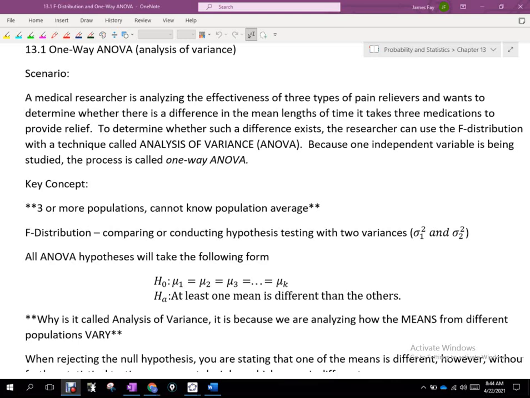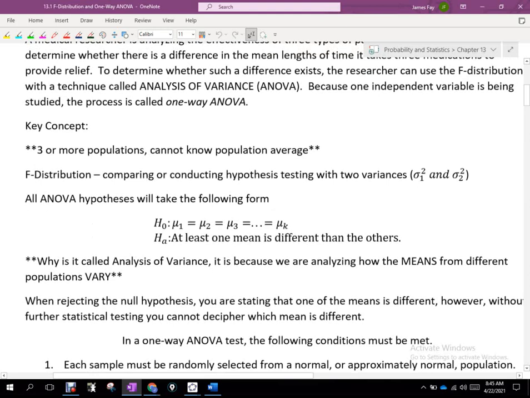It's going to be however many different population means you're looking at, and you're going to set them all equal to each other. Because we want to see, are they the same, or like the scenario says, is there a difference that exists? So the key concept is that we're going to have 3 or more populations. You're not going to know the population means. The F distribution is used for conducting hypothesis testing with 2 variances, variance sub 1, variance sub 2.